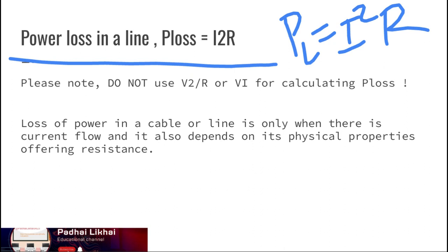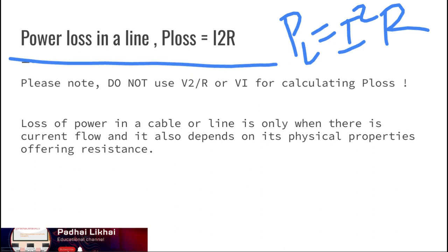Please note that power loss in a transmission line is only and only I square R. You should not replace this I by using Ohm's law. Somebody will simply apply I is equal to V by R, replace this I by V by R, and get power loss equal to V square by R.